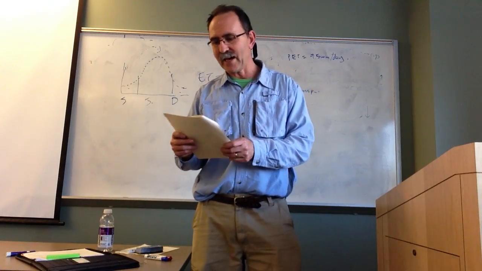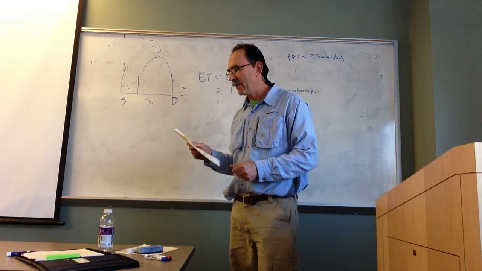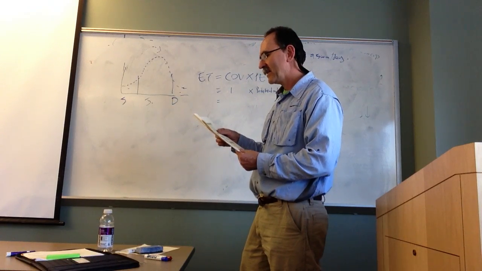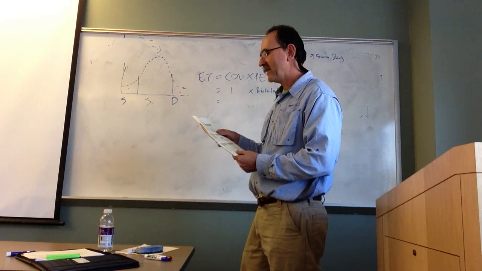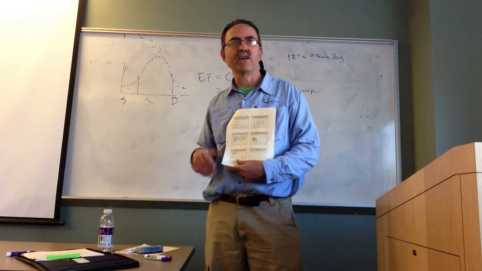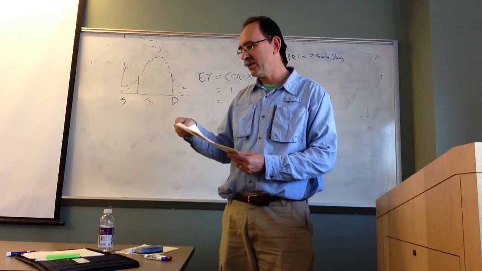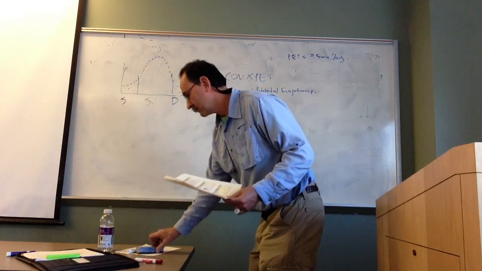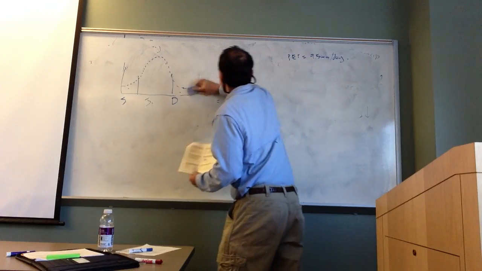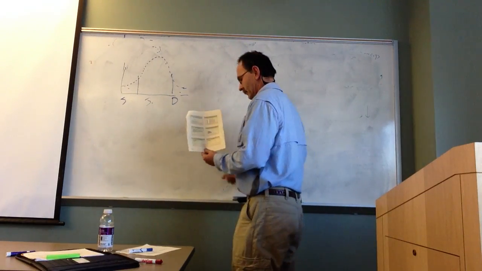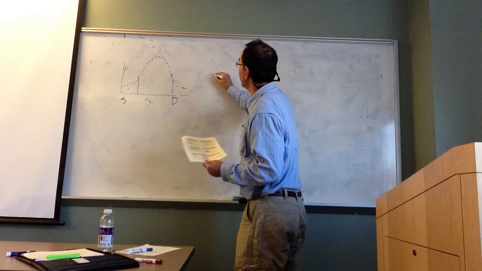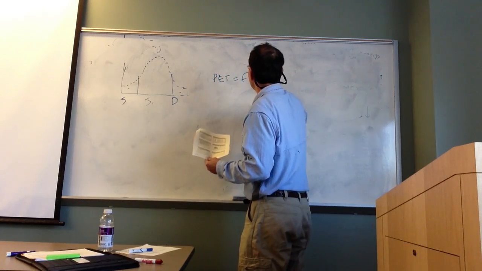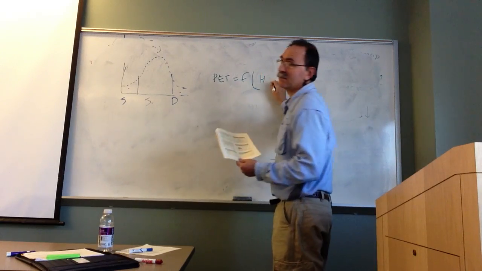PE is this ugly little equation: 0.021 H squared times ET over T plus 273. So this is going to be a function, number one, of the hours per day.